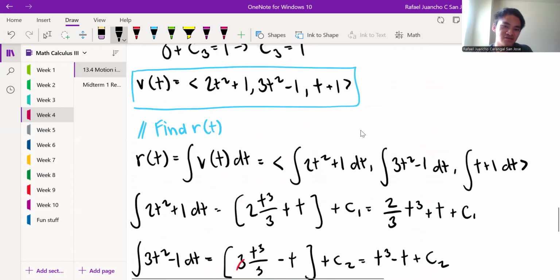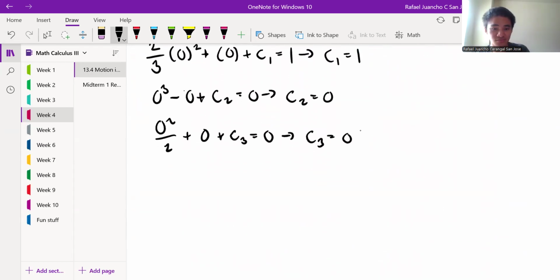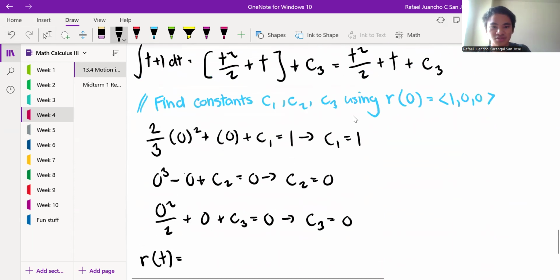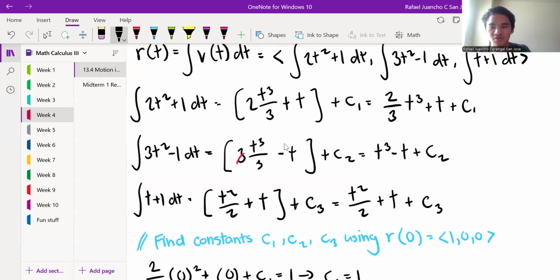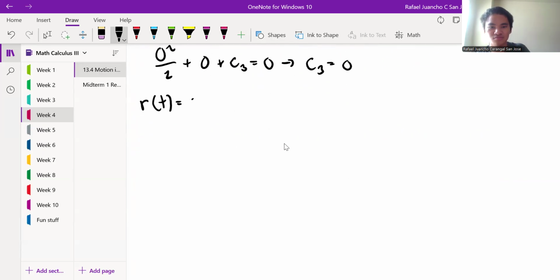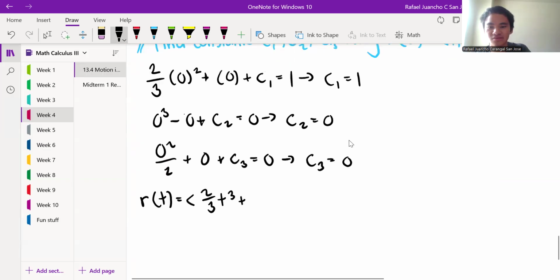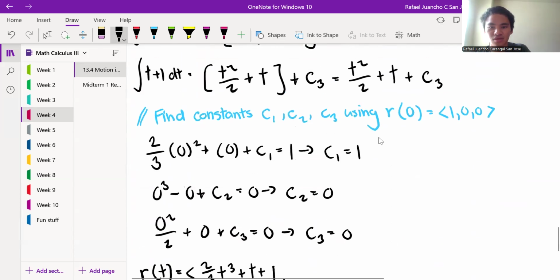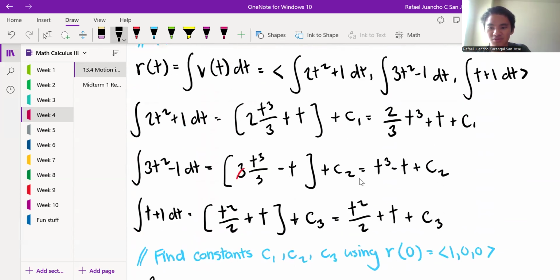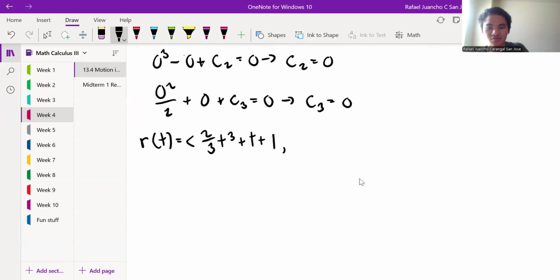And then from there, I have my r of t. So my r of t is just 2 over 3 t cubed, then I add t, and I add 1. And then these are just 0, so I just write them as such. T cubed minus t.